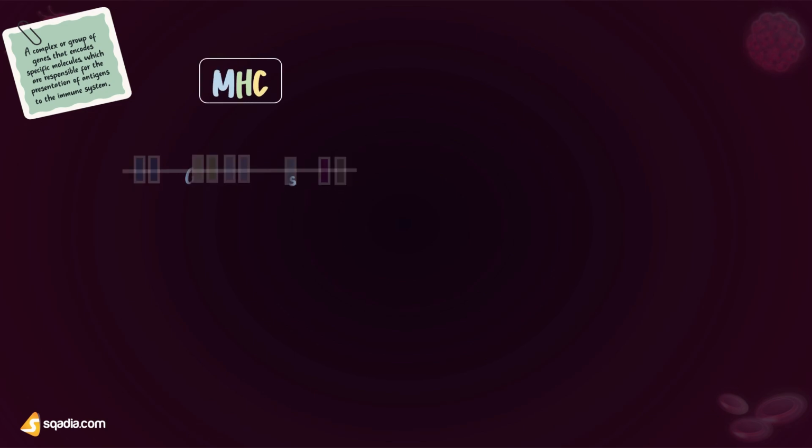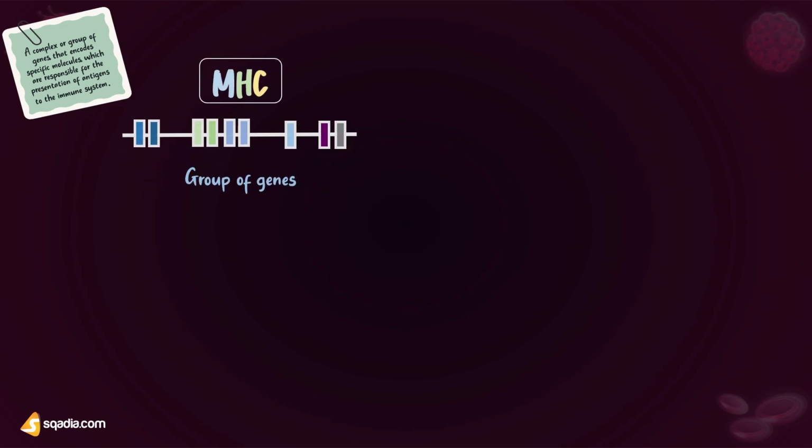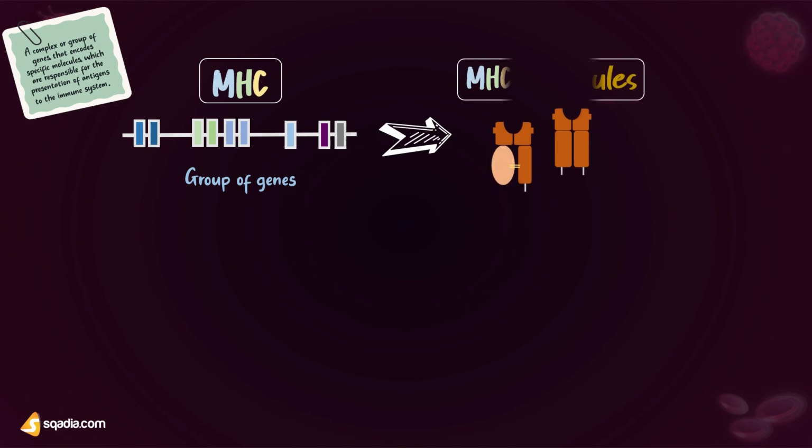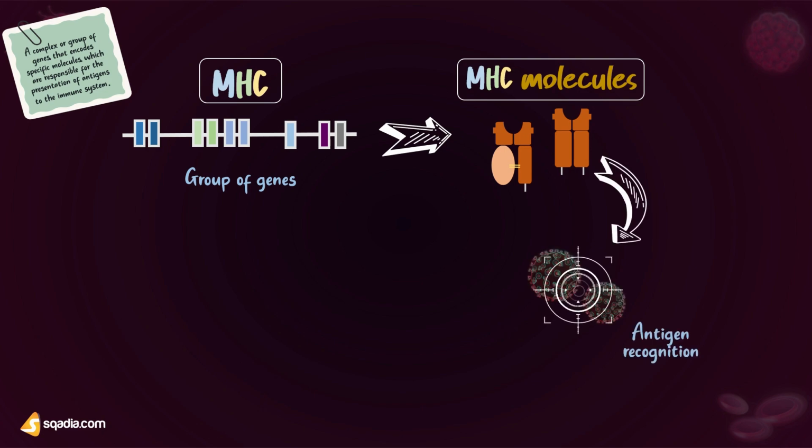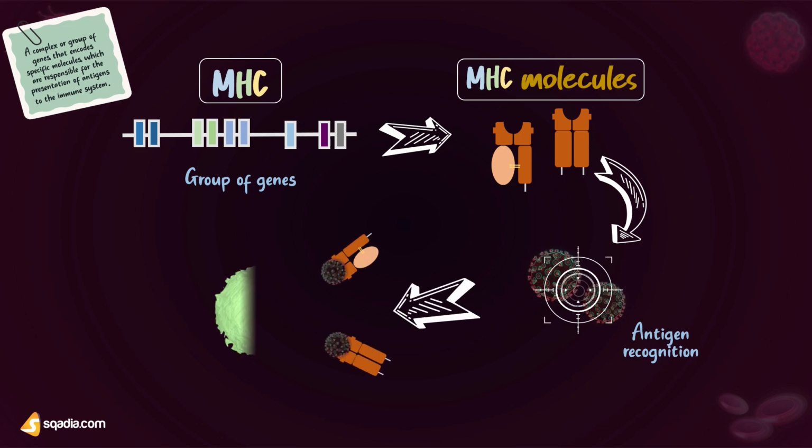MHC is a group of genes that encode specific molecules, and those molecules are named MHC molecules. And then these molecules are responsible for antigen recognition, and then its presentation to the immune system. Here mostly it is presented to T cells. So, this was the whole idea.